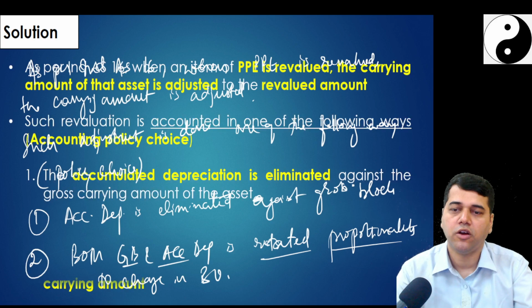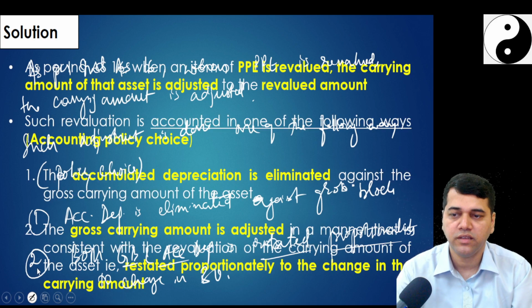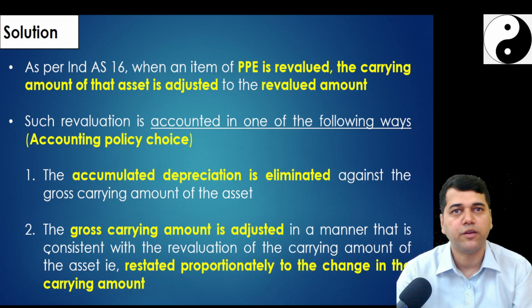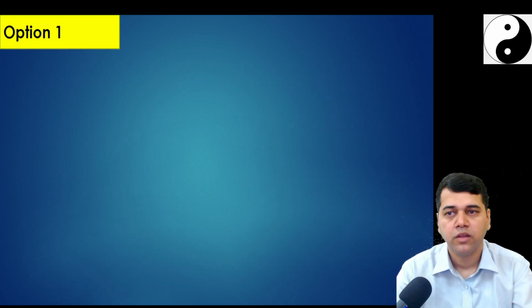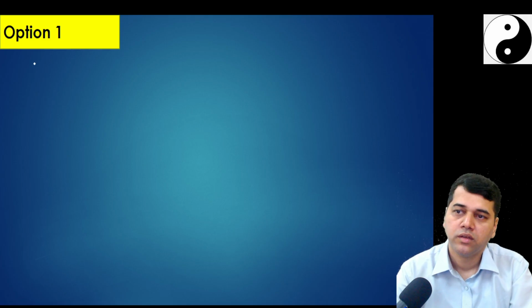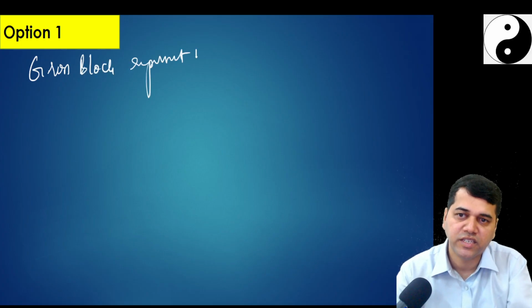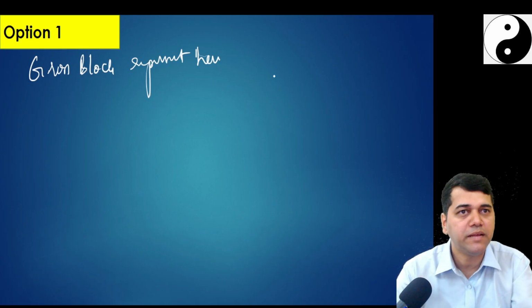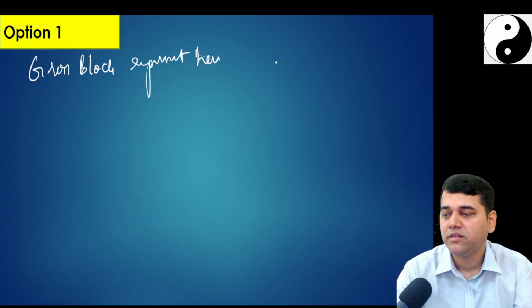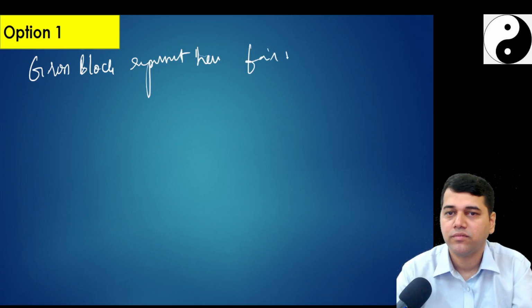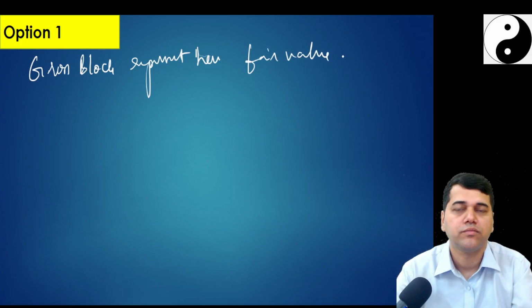So write option number 1. This is the first part of the theory for your advice. What you can do, option 1: gross block will represent here the fair value, because it is the revalued amount.